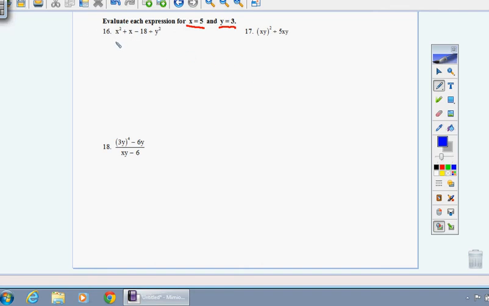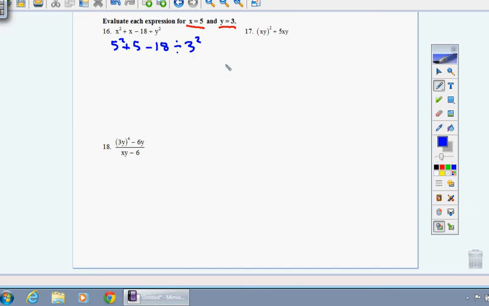Okay, so let's do this problem right here. Here's an x, I'm going to plug in 5 squared, plus 5, there's another x, minus 18, divided by y squared, so divided by 3 squared. Now, this problem looks like a problem that we would have seen on the previous page. Let's follow order of operations.